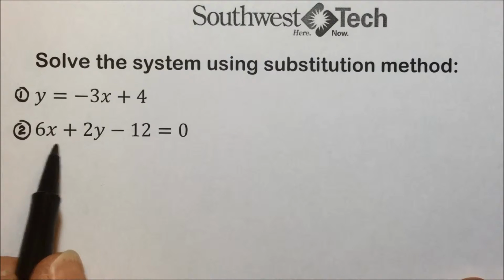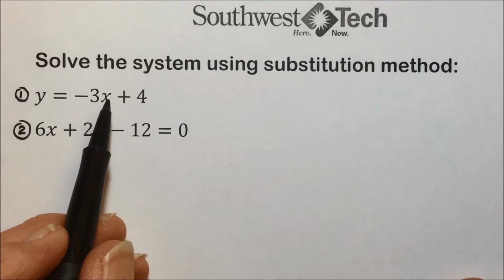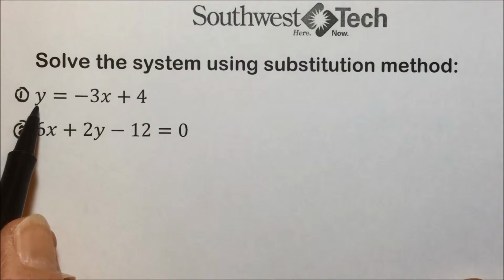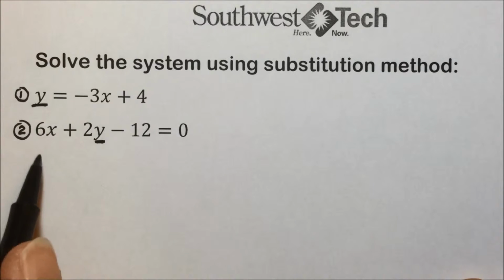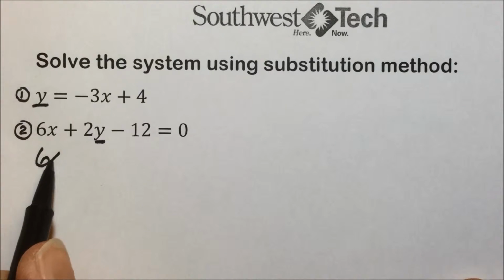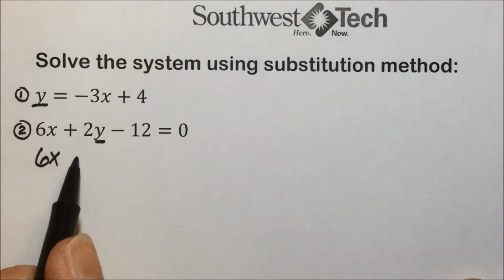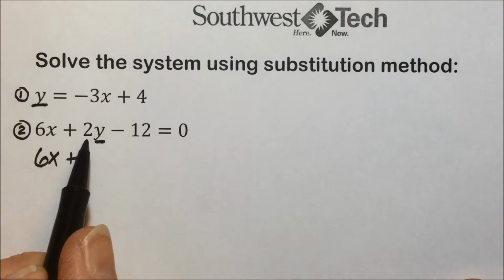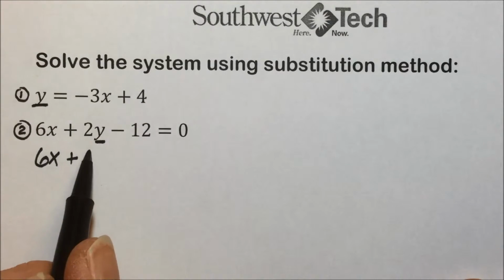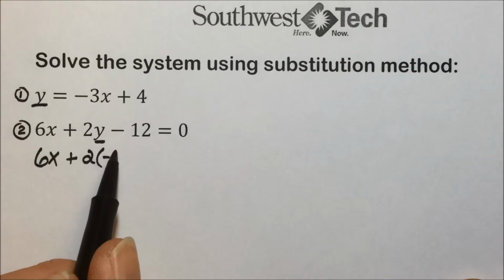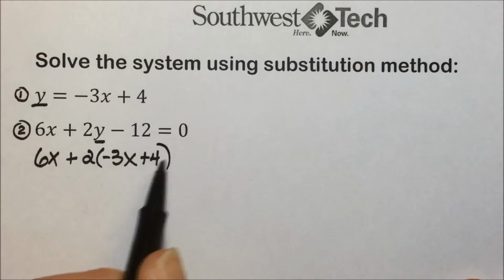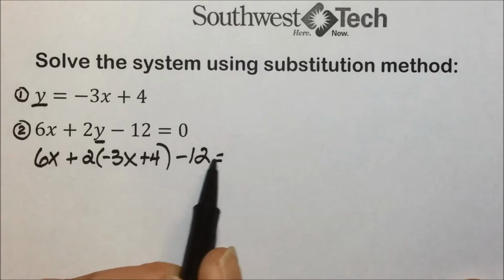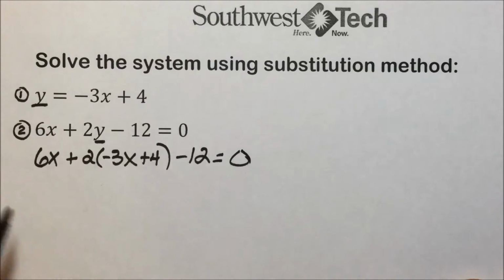One equation with two unknowns we can't solve, but because we have this second equation and we're going to use the substitution method, I'm going to replace in this second equation the value of y, which from the first equation is negative 3x plus 4, and then continue writing the rest of equation number 2.